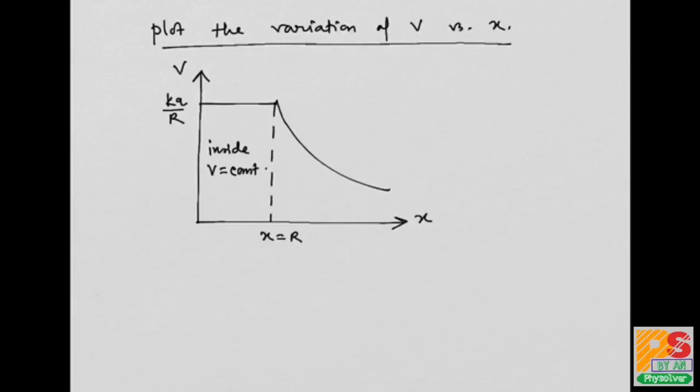This is the surface, this is the center, and outside the shell V is inversely proportional to x. For inside the formula is kq by r, for outside the formula is kq by x.